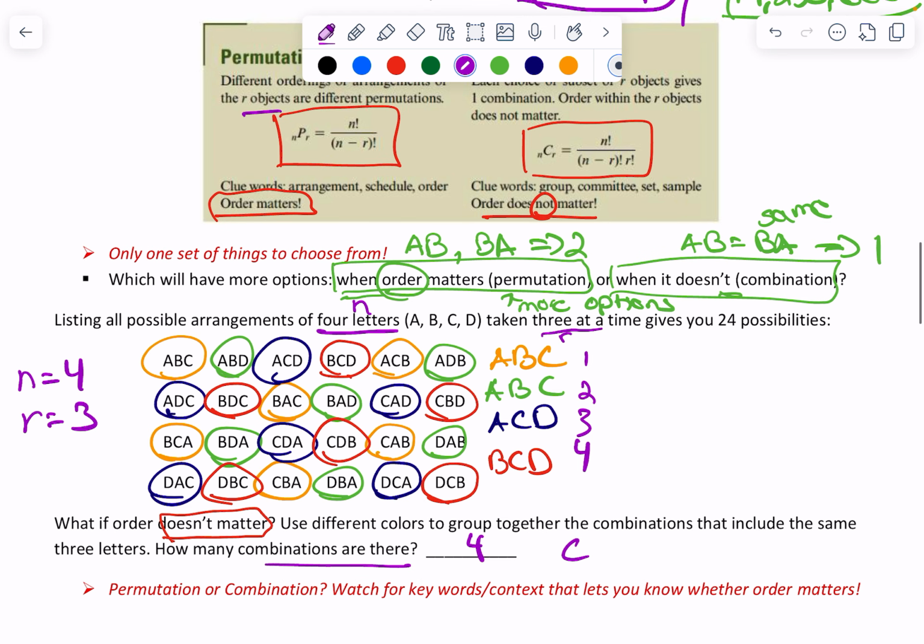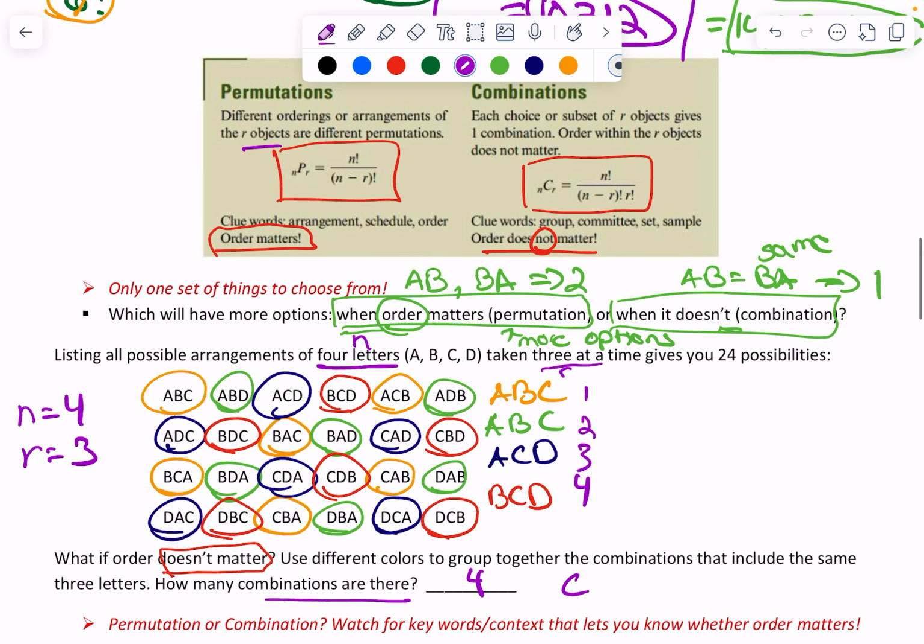So for combination, remember that order does not matter. So we would do 4 and 3: 4 factorial divided by 4 minus 3 factorial times 3 factorial.